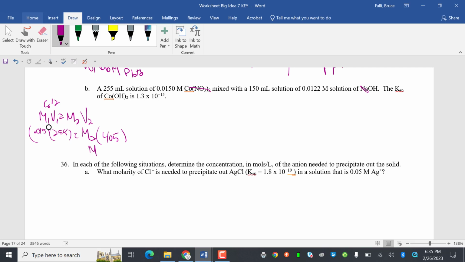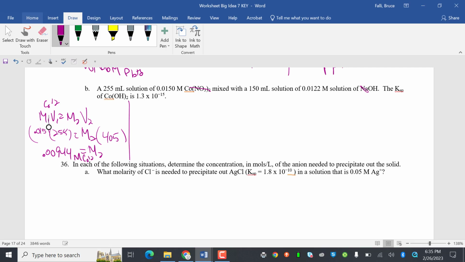So my new molarity is going to be 0.015 times 255 divided by 405. It's 0.009944 molar Co2+.